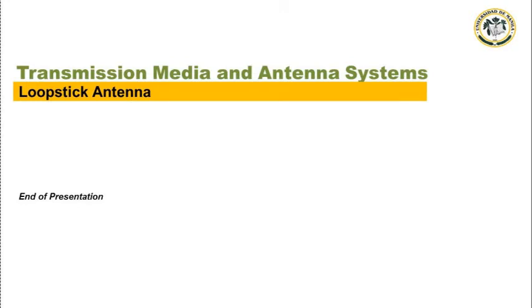known as loopsticks are widely used as antennas for radio receivers, particularly for AM broadcast band radios. This is done by winding a coil or loop, generally with tightly spaced turns, over one end of a ferrite rod or bar. The ferrite has the effect of concentrating and intensifying the received magnetic field inside the loop.